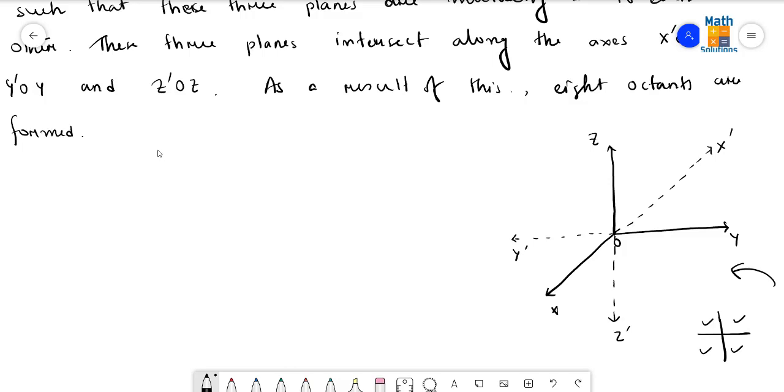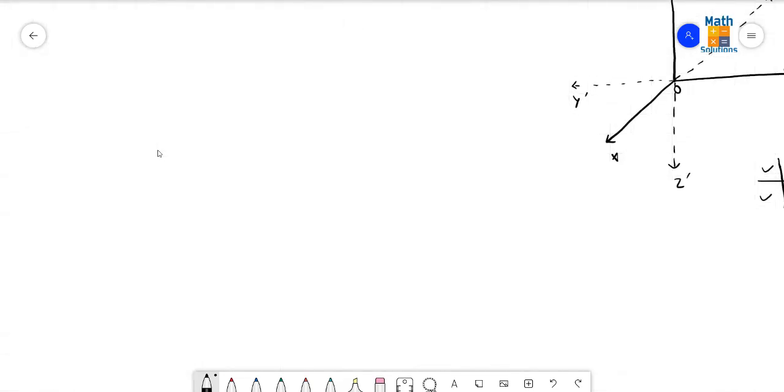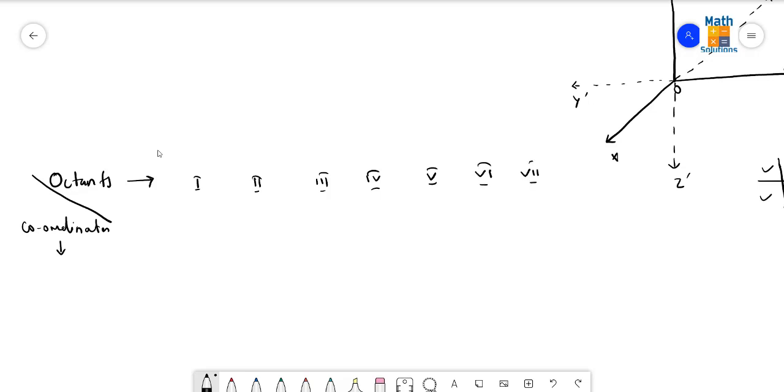So here is the list. The octants are written in this way, and at the same time the signs for x, y, and z. So coordinates will be written vertically. For the first octant, then second one, third one, then fourth one, fifth, sixth, seventh, this is the 8th one.